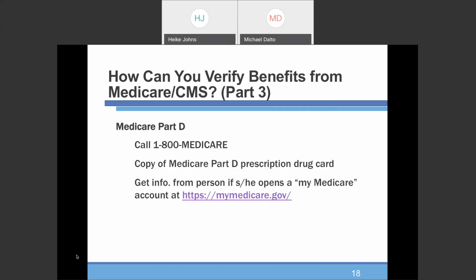And Medicare Part D, these are the prescription drug plans, which people can choose from dozens of different private companies that administer Medicare Part D prescription drug plans. You can verify it through 1-800-MEDICARE, through a person's Medicare Part D prescription drug plan card, or through the My Medicare account.